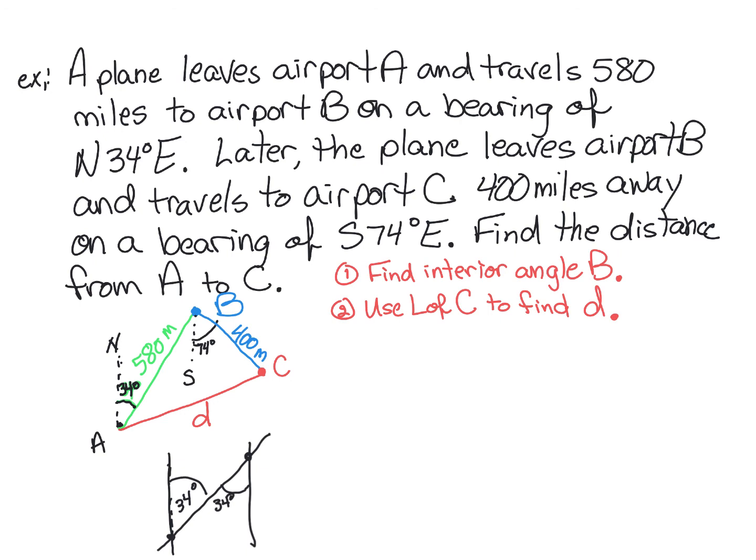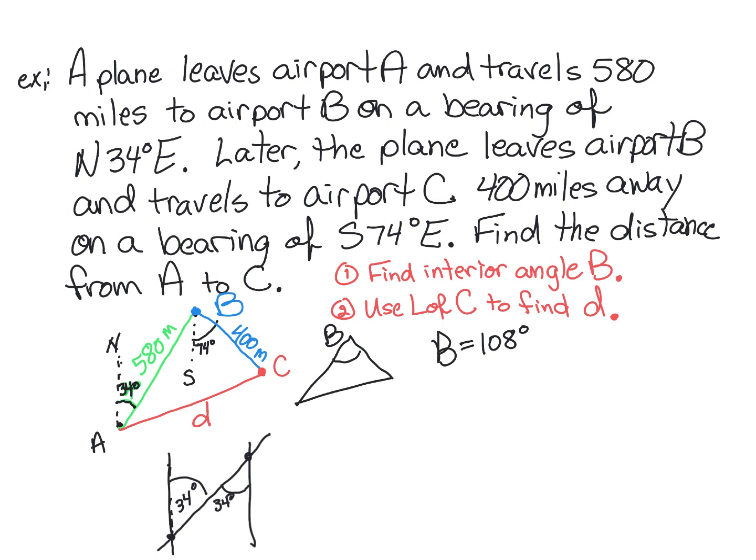So we have an interior angle here. So I'm going to redraw my triangle. 74 and 34. I'm going to call this angle B. 74 and 34 is 108. Boom. And we have side angle side.